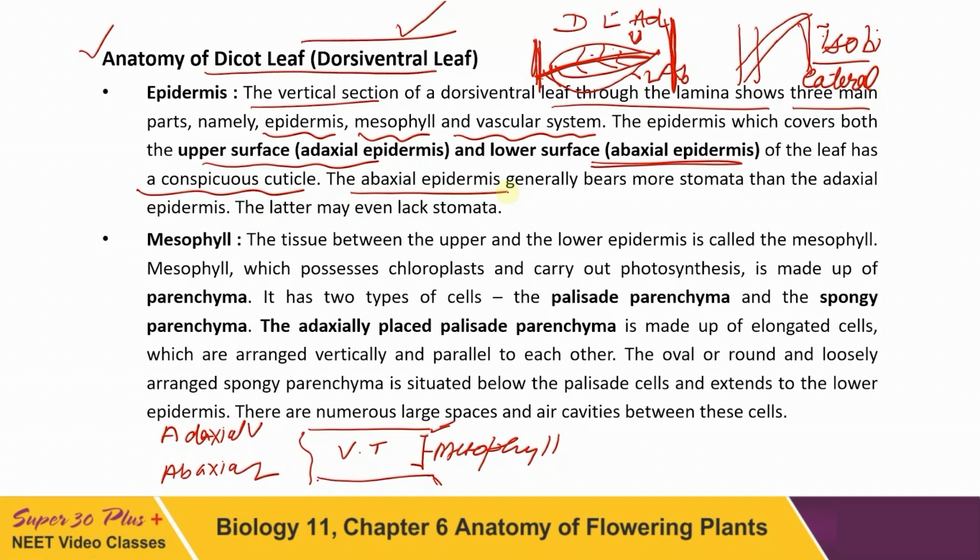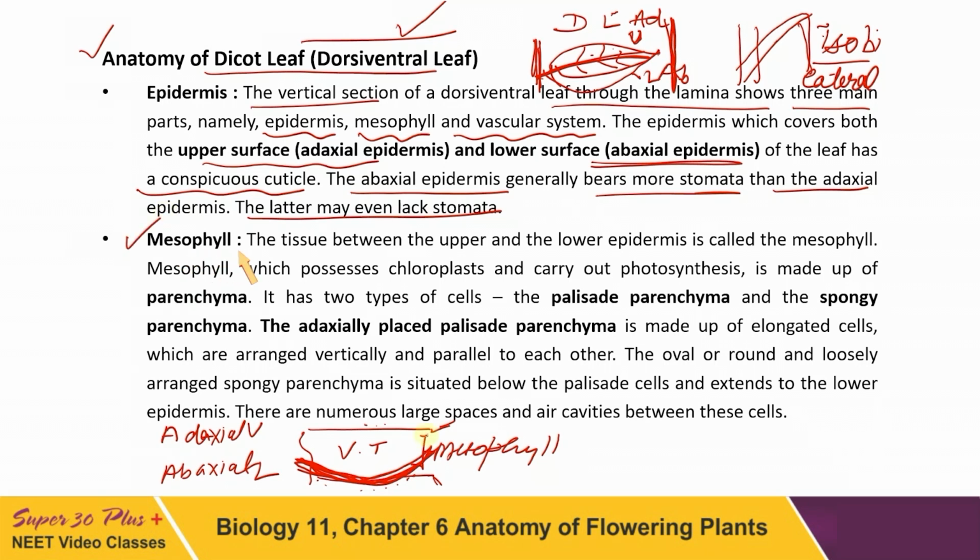In the dorsiventral leaf, there is a bulging here which represents the midvein. The abaxial surface bears more stomata than the adaxial surface. Here the stomata are fewer, and here they are more numerous. On the upper side, the stomata are either fewer or even absent.